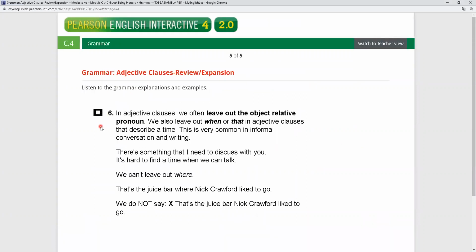In adjective clauses, we often leave out the object relative pronoun. We also leave out when or that in adjective clauses that describe a time. This is very common in informal conversation and writing. There's something I need to discuss with you.